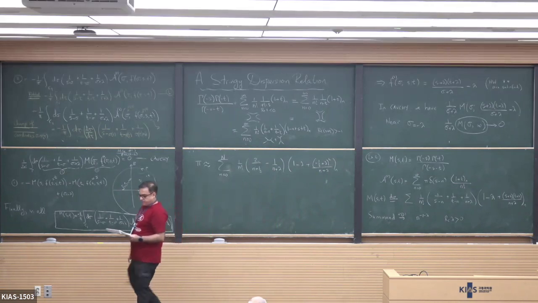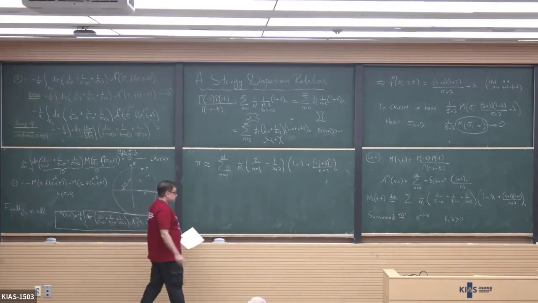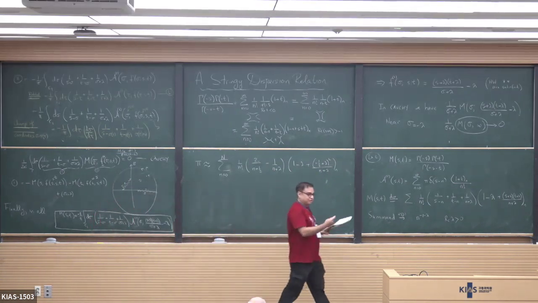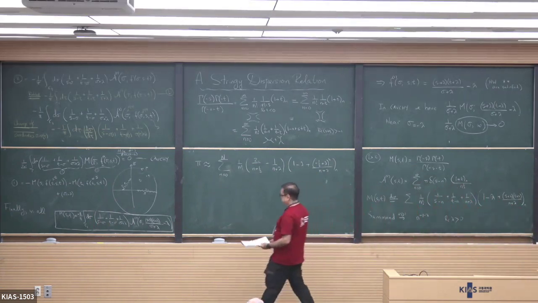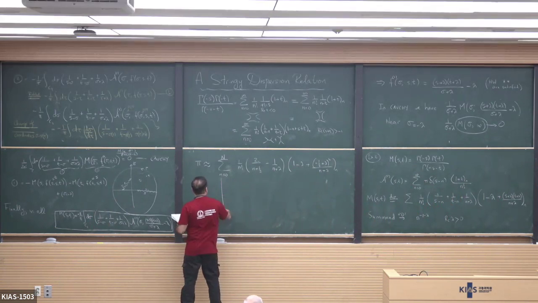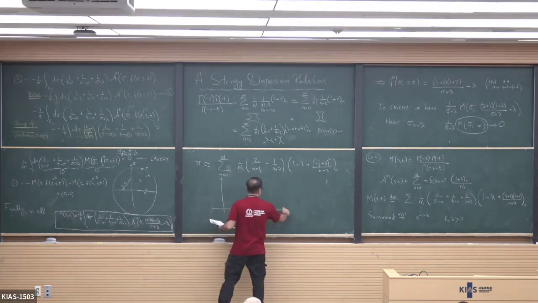Once you have a formula, especially a series formula, you do the obvious thing that you're tempted to do. You go to Mathematica and start making plots of partial sums. You change lambda. So then what you get is a plot like this.